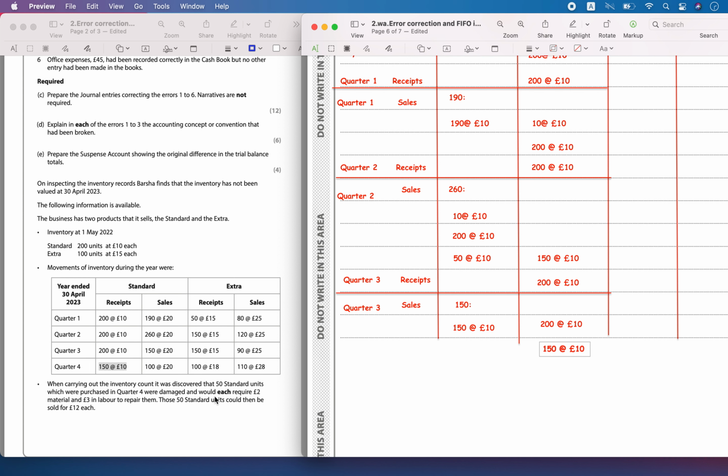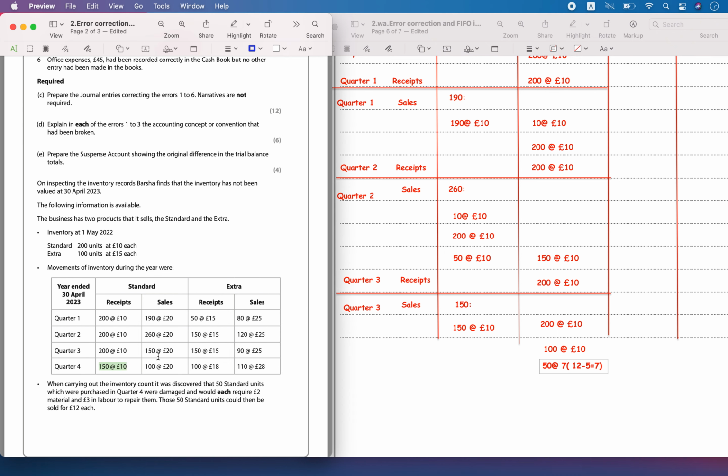So we remove the repair cost: 12 minus 5 becomes 7 pounds. That is the net realizable value; we can't include the repair cost. So 50 will be valued at 7 pounds, not 10 pounds, because it had become damaged and incurred some cost.